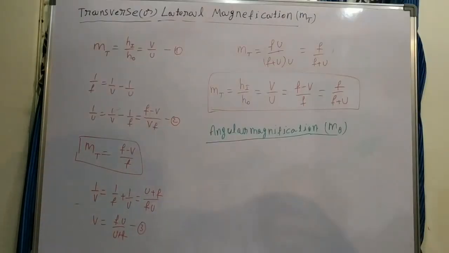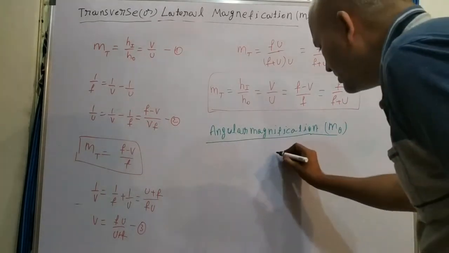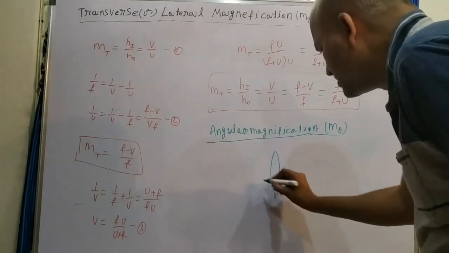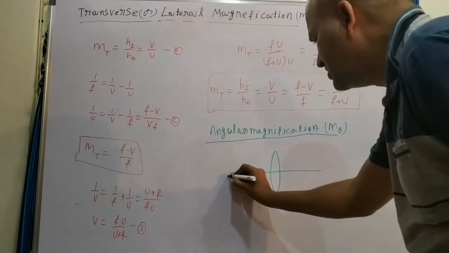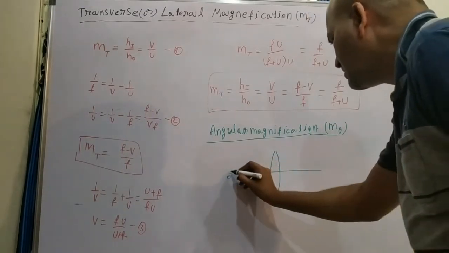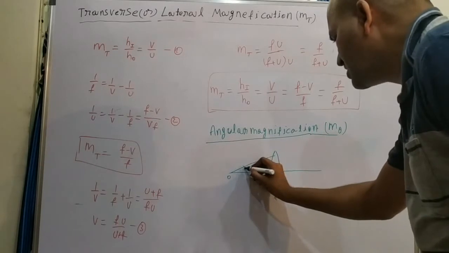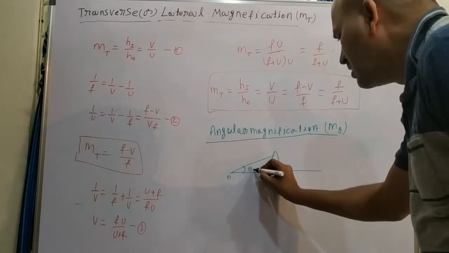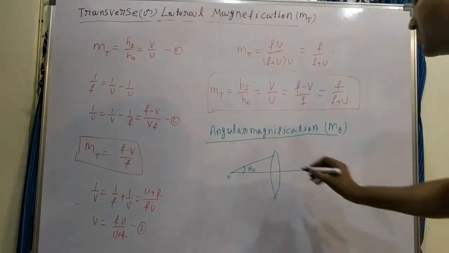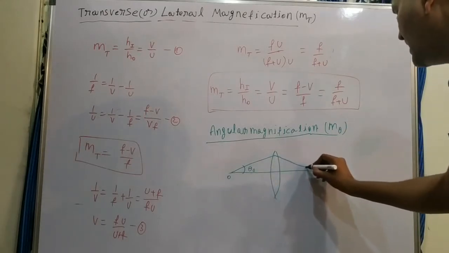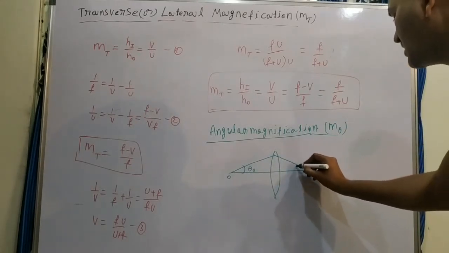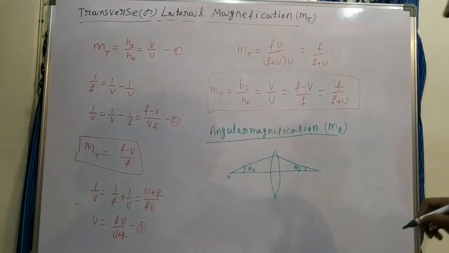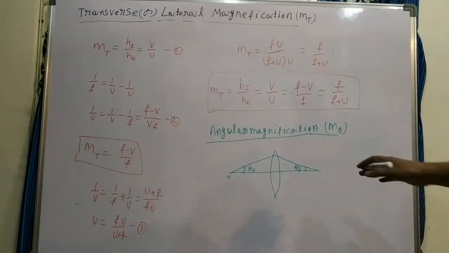We'll see about angular magnification. In angular magnification, for example, we can take a lens and somewhere here an object is placed, and suppose the incident ray makes an angle theta object with the principal axis, and this is the refracted ray which makes the angle theta image with the principal axis.